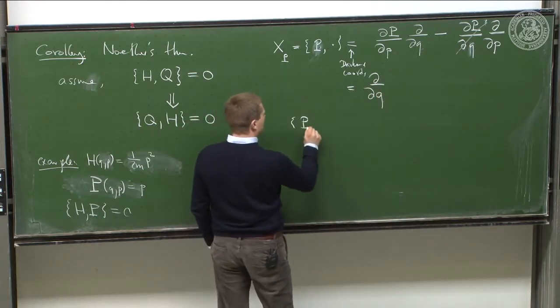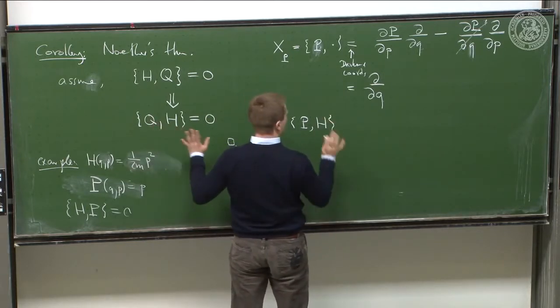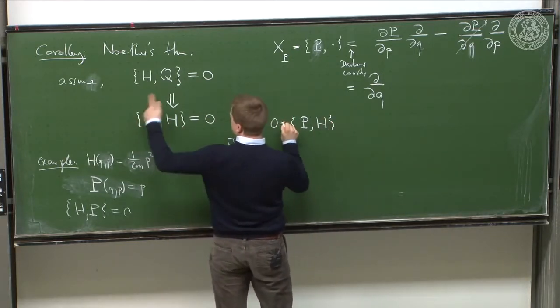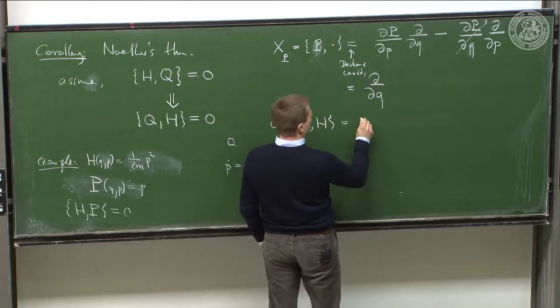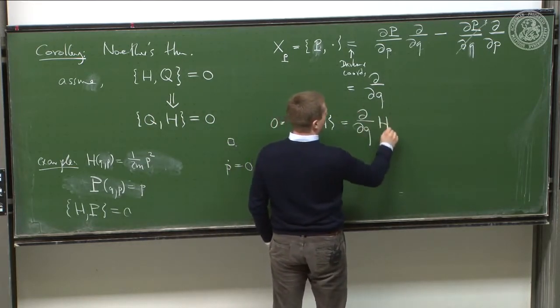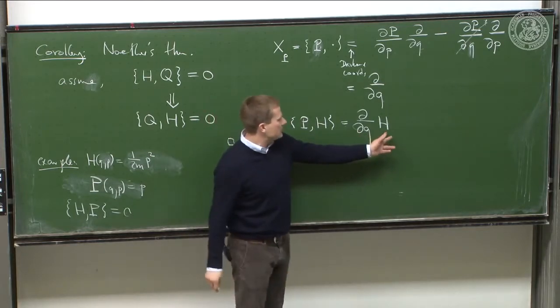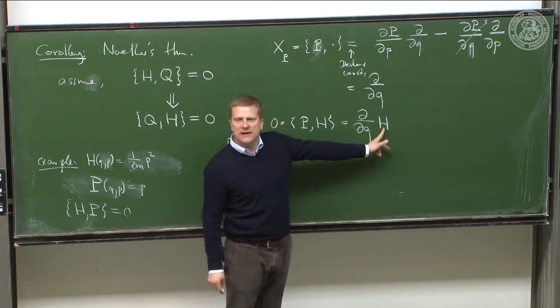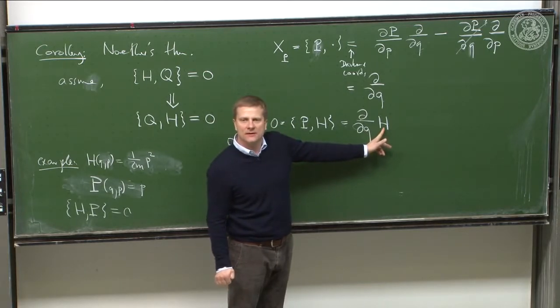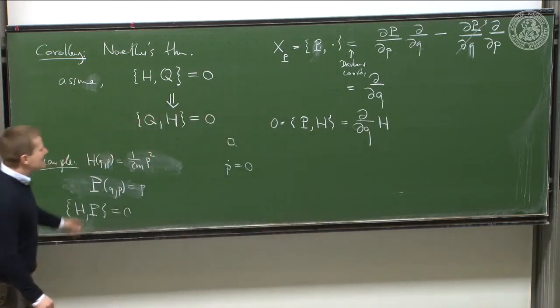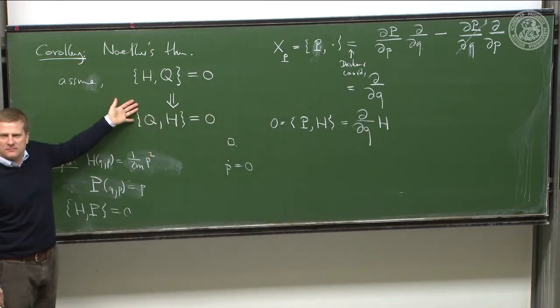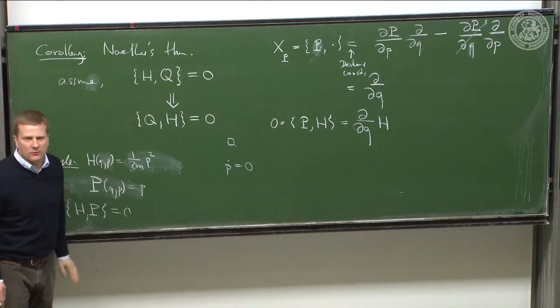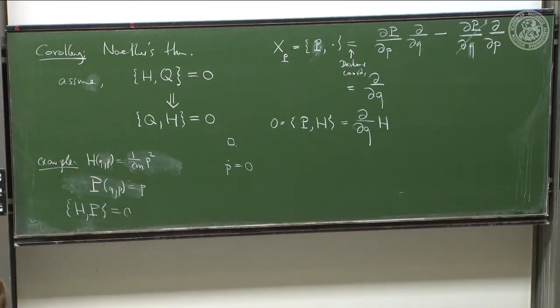So capital P acting on h, being 0, as is obvious, means nothing else but d by dq of h is 0. But if d by dq of h is 0, that means h doesn't depend on the position. In other words, it's translation invariant. But it's exactly this. So this is the Noether theorem. There is nothing else to it. In Poisson bracket notation, the Noether theorem is equivalent to the antisymmetry of the Poisson bracket.